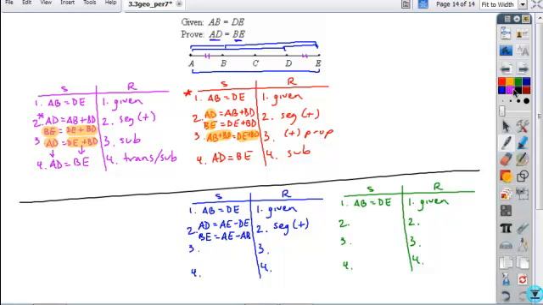Once again, my last 2 proofs are both going to start with this premise, that relationship, to introduce your end state. In either way, it's segment addition. Okay, so let's go back to this one and see what the last 2 steps would be.